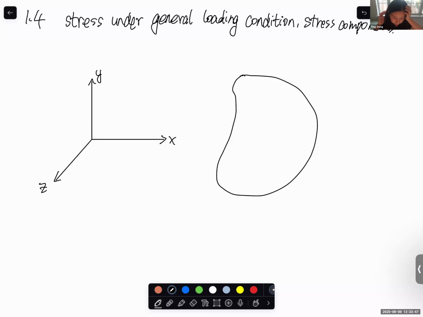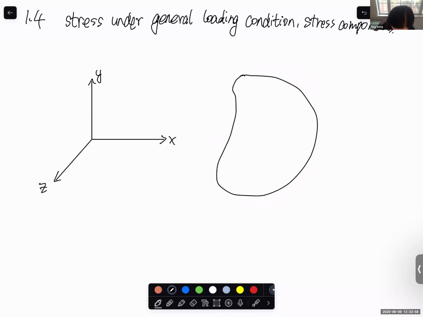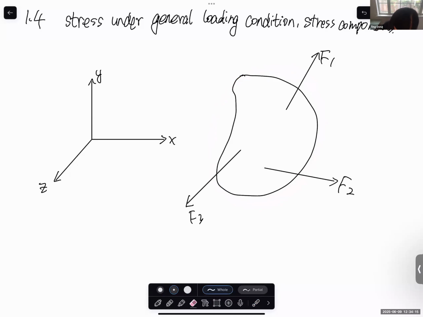And we also assume that in the general situation, this structure in 3D space also has external applied force, and this force can be in any direction in this 3D space. So let's assume that we have some general forces applied, F1, F2, F3, and F4, or up to F5.